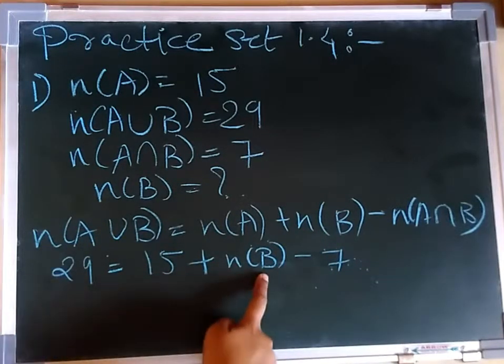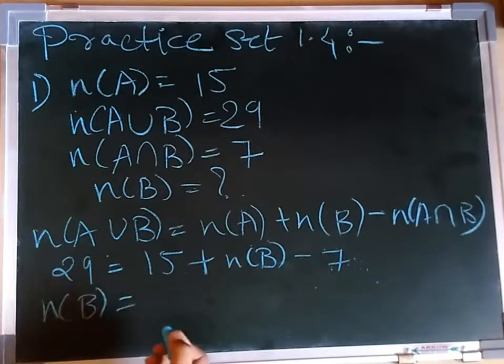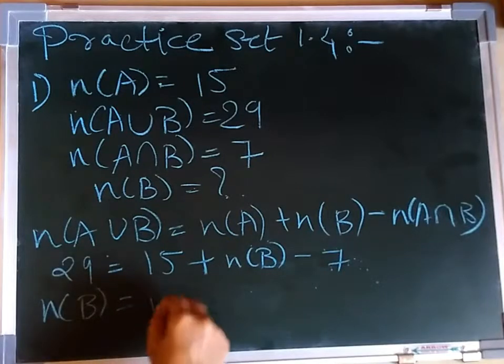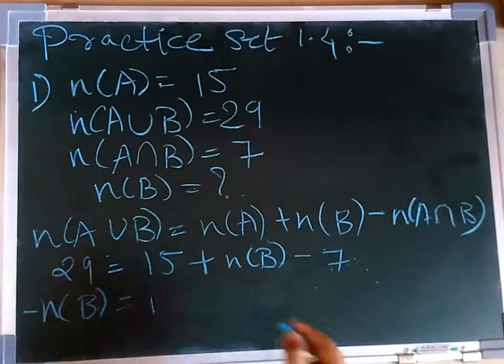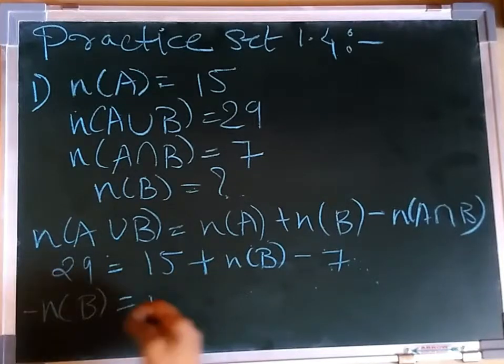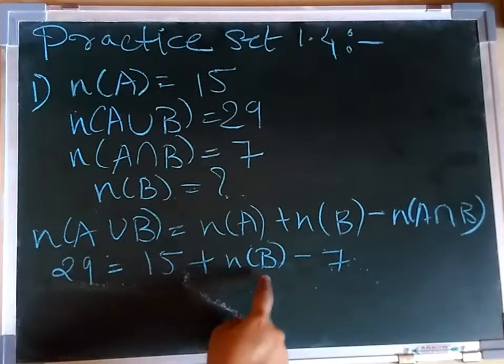Now I need to find N of B, so I will take it to the left side and write the other elements on the right side. So when 29 goes here, now there is a minus sign over here because I have taken it this side. Or else, to avoid this minus sign, let N of B remain there.